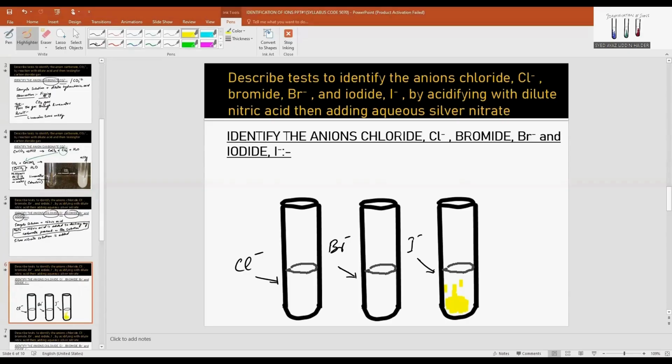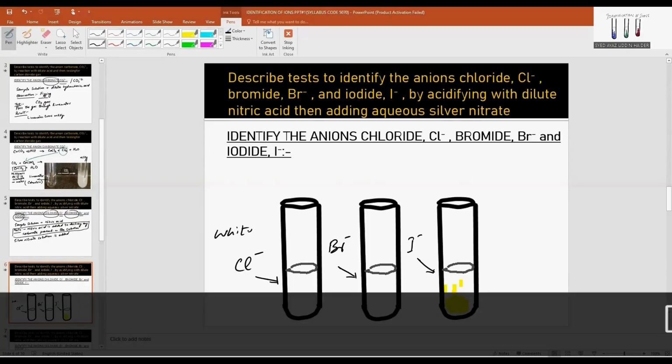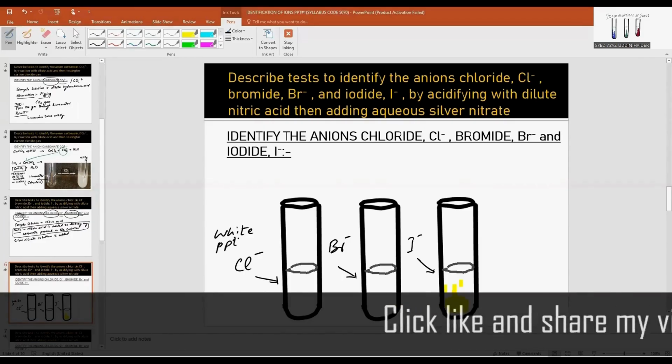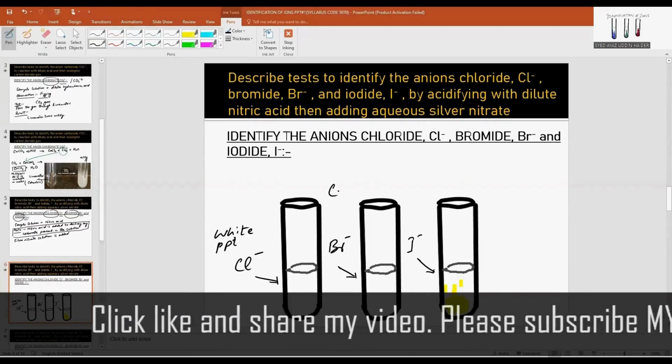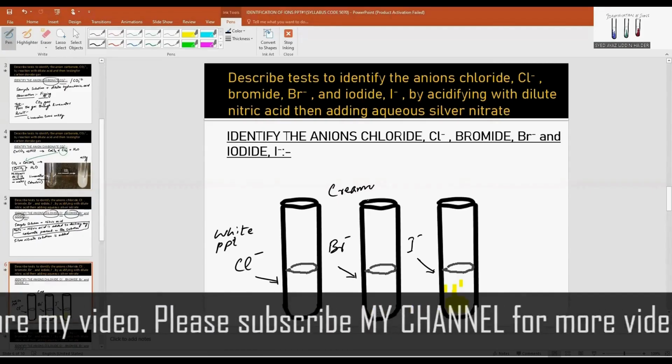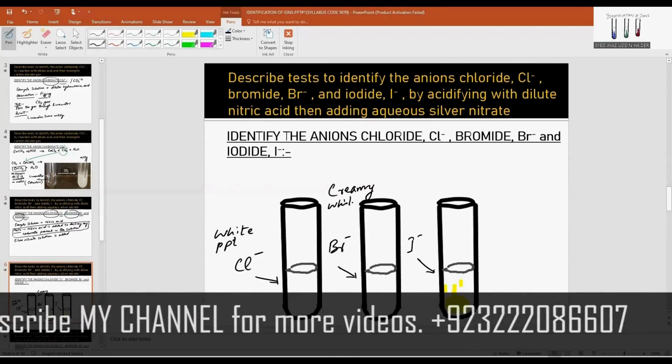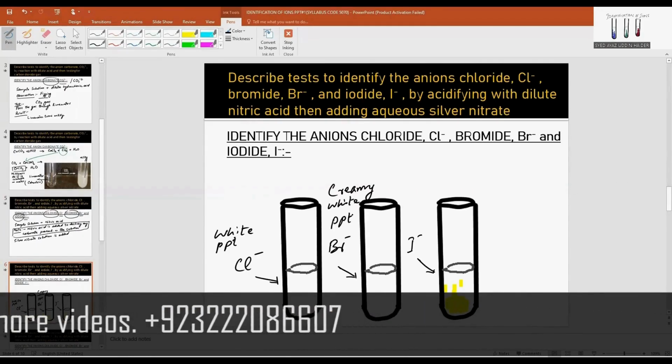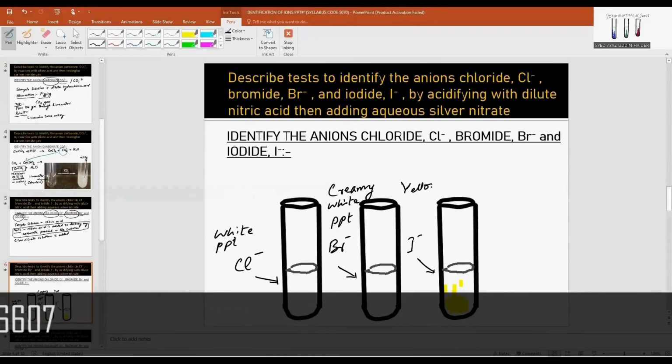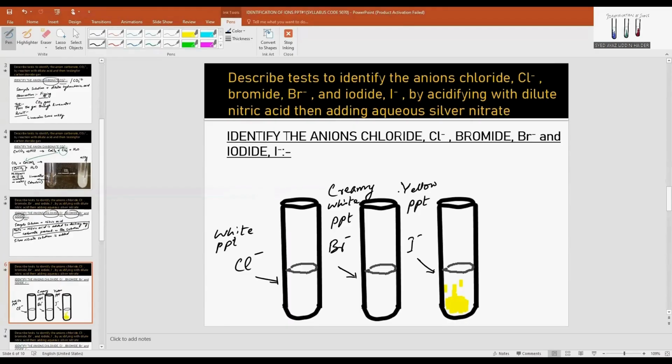Let me write their colors. White PPT. Here you'll get creamy white. This one yellow PPT. Yellow PPT for iodide.